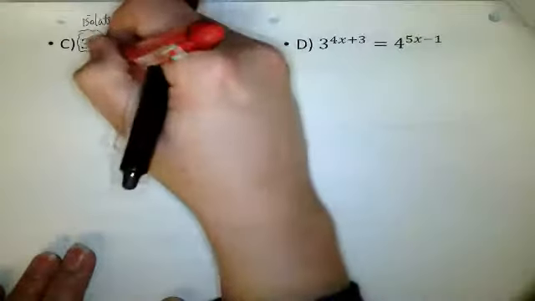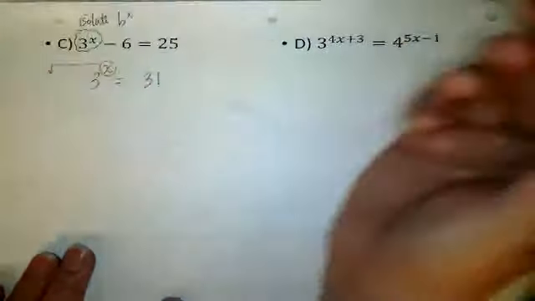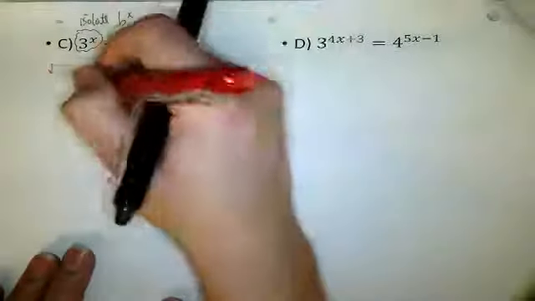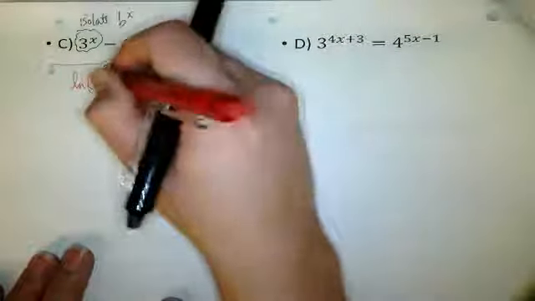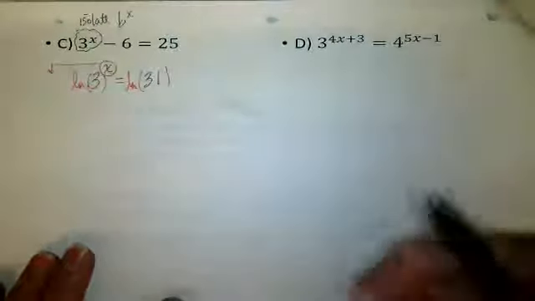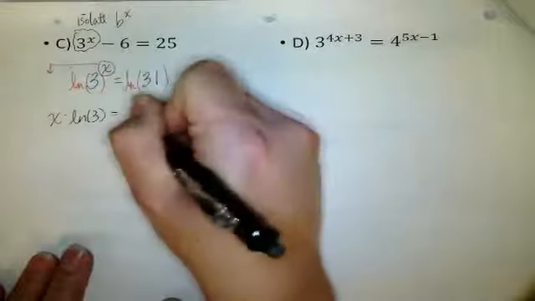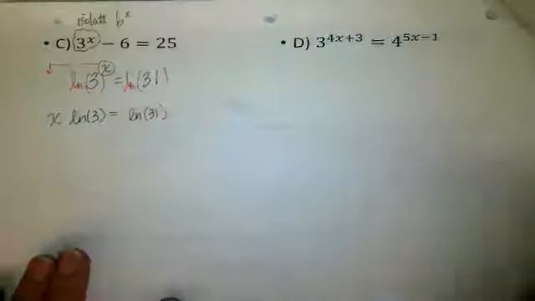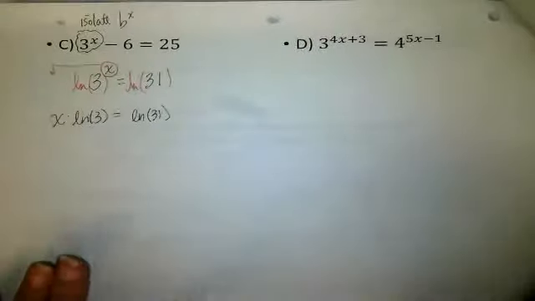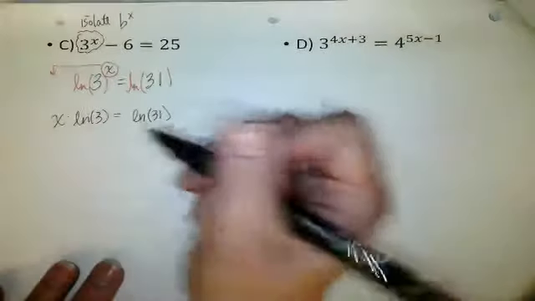Now I can think about dropping my power. What allows me to drop my power? Natural log of both sides. That gives me x times the natural log of 3 equals the natural log of 31. And then how do I solve for x?